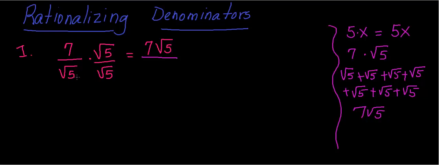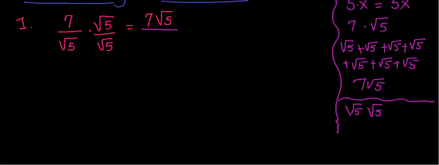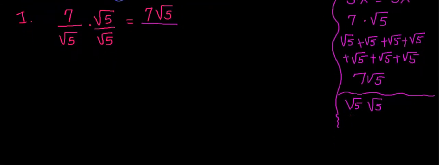When I multiply radicals, let's go over here to the side. When we multiply radicals, we use the radical product property for this. And what that property says is that if I have the square root of a times the square root of b, that is equivalent to having the square root of a times b.